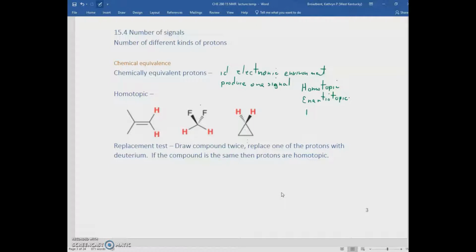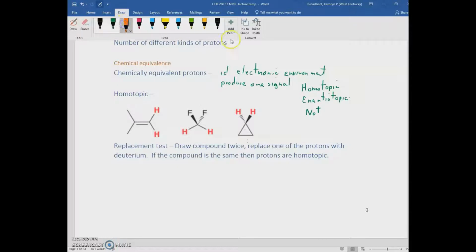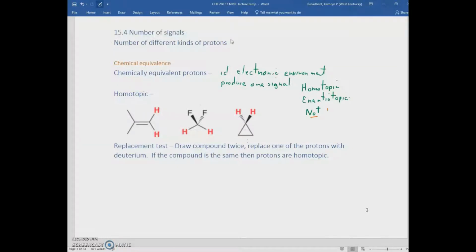They are not diastereotopic. Okay, so how do we tell whether 2 protons are homotopic or enantiotopic or diastereotopic?